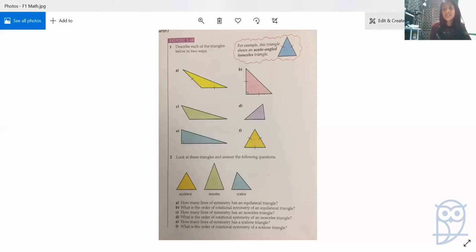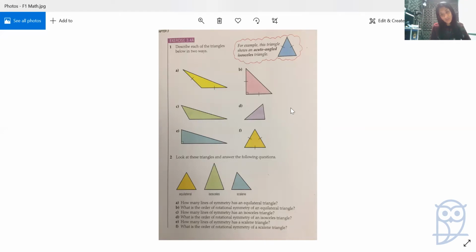It is a scalene triangle. When we work with a scalene triangle, we know all three sides have different lengths and different angles.